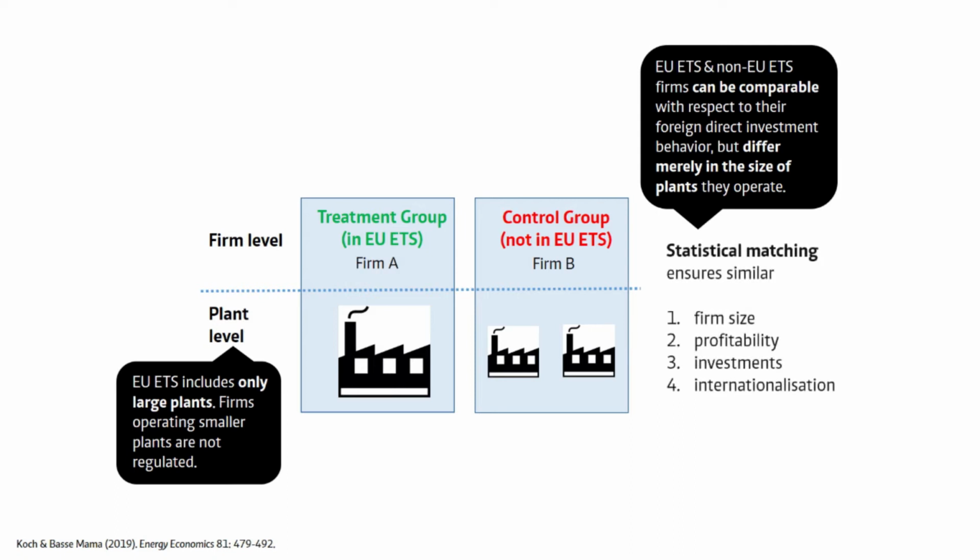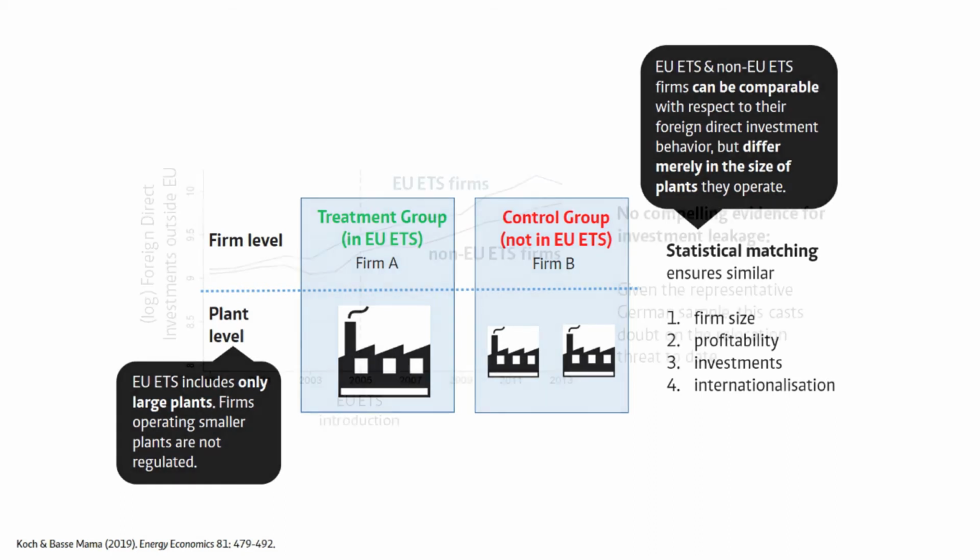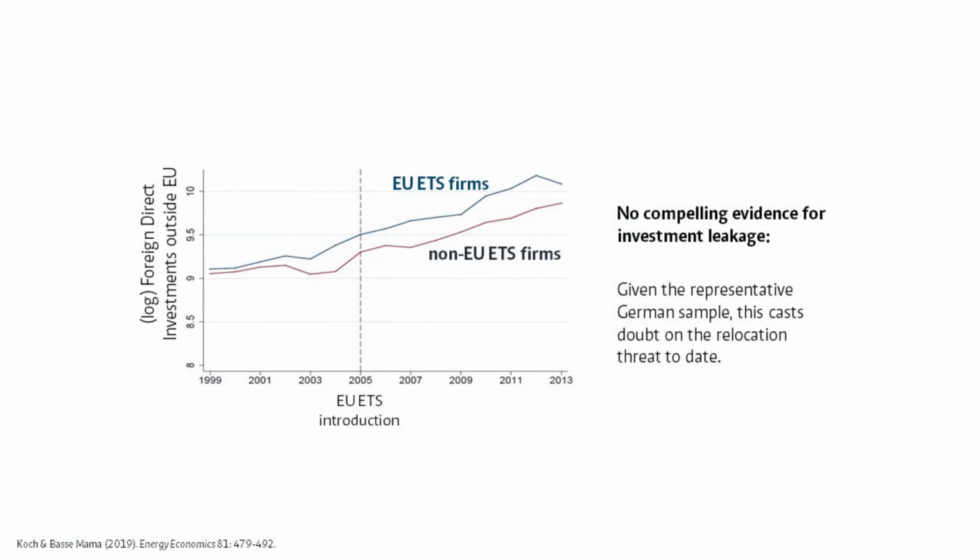And we pair that with powerful statistical methods called matching that ensure that we compare in that treatment group and control group only firms of similar size, of similar profitability, of similar investment patterns in the past, but also similar internationalization characteristics in general.